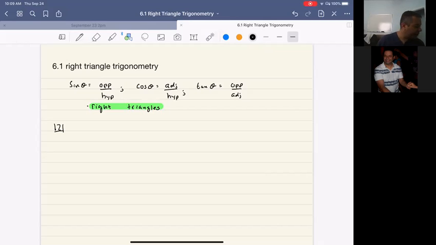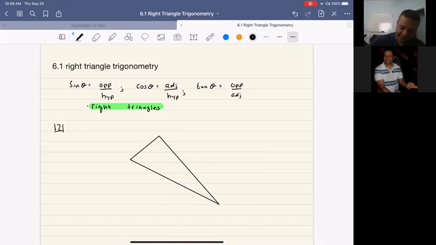Number 12, they give us a triangle. Let's try drawing it again. That's better.